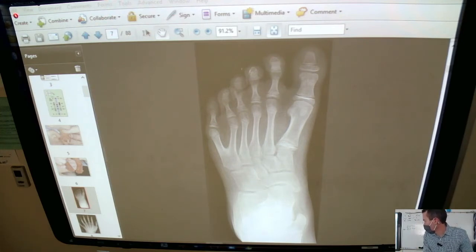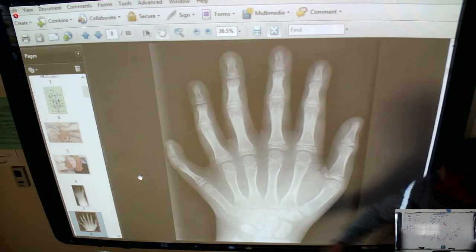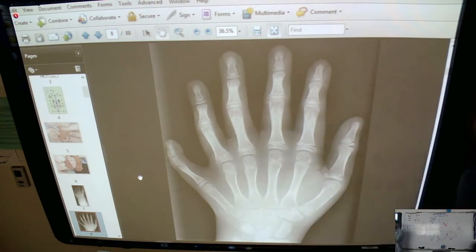This is from a Radiological Society webpage. This is the most impressive one I've ever seen. Also from a Radiological Society, it's like a bunch of hospital doctors sharing information. That 6th finger goes all the way back to the wrist.